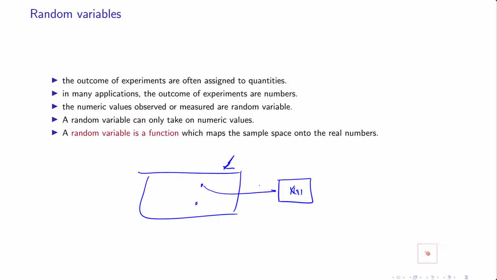It's a machine. This c is the output of your experiment, and X of c, the output of the function, is the value that your random variable takes on. So the machine, the function, is the random variable.